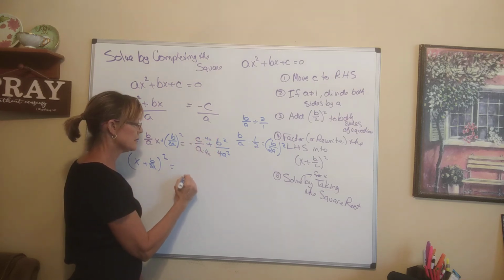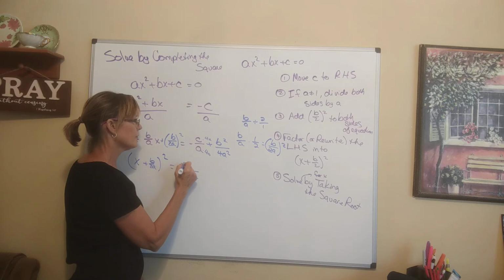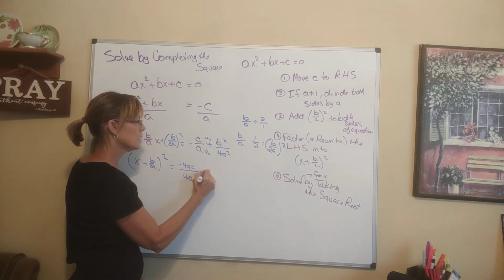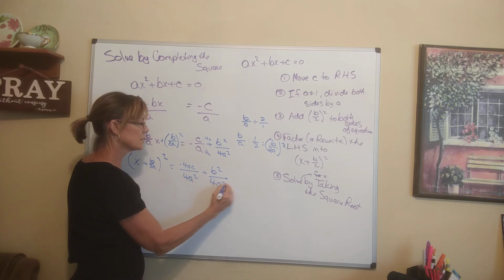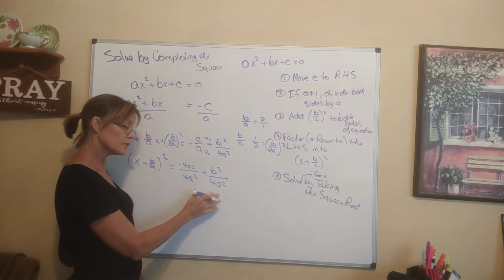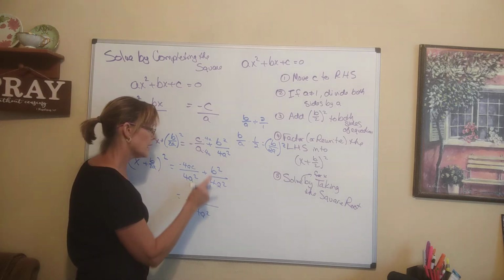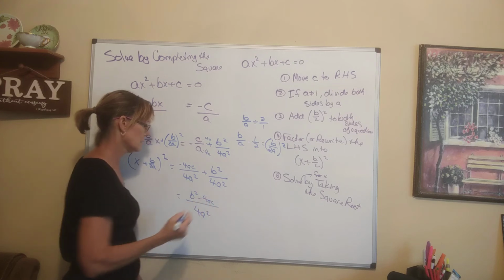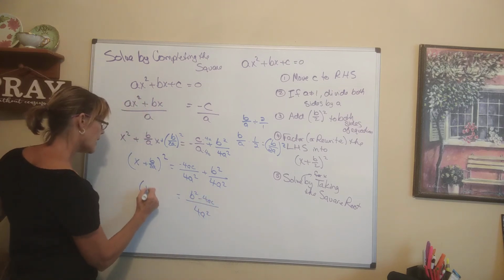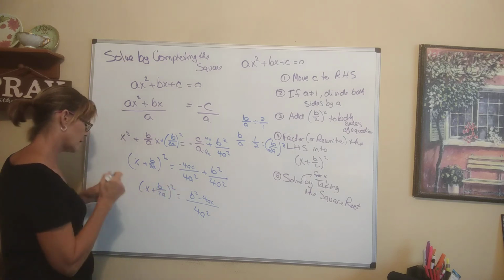So what I get here is negative 4ac plus b squared over 4a squared. That's what I get, which I can write as one fraction, 4a squared, and I could write the b in the front, b squared minus 4ac. Over here I have x plus b over 2a squared.